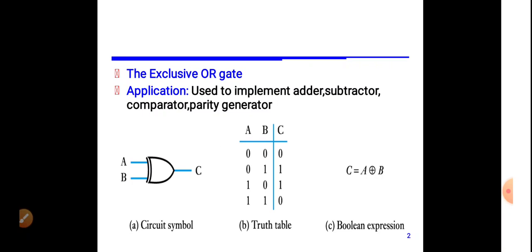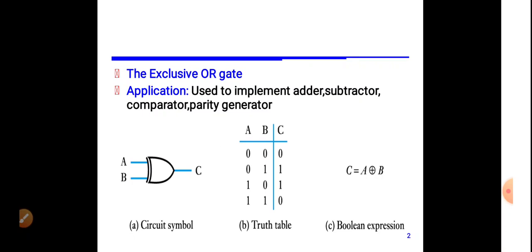So C equals A plus-circle B; that symbol is the notation for the exclusive OR gate. So the XOR gate is also called an odd parity generator, or an anti-coincidence or inequality gate. Inequality itself indicates that whenever the inputs are not equal, only then does it detect that.